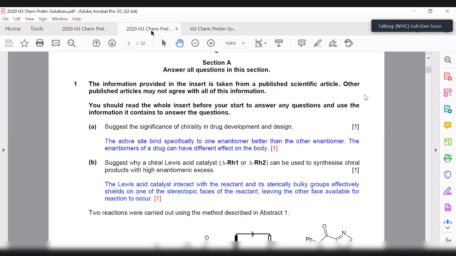So again, I remember while marking these two questions, most of the students were able to tell me the answer for part A, but in fact, the majority of the students were not able to tell me the answer for part B. It's only when we went through the paper after we marked that the students realized how chiral products can be produced using chiral catalysts. At least they learned something else that is beyond the scope of the syllabus, right?